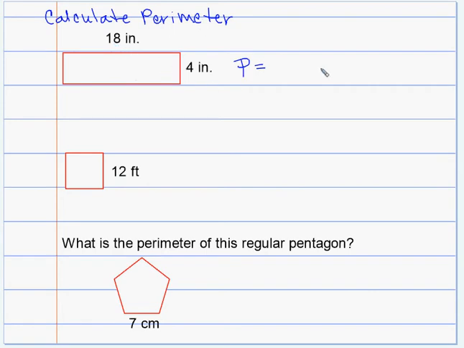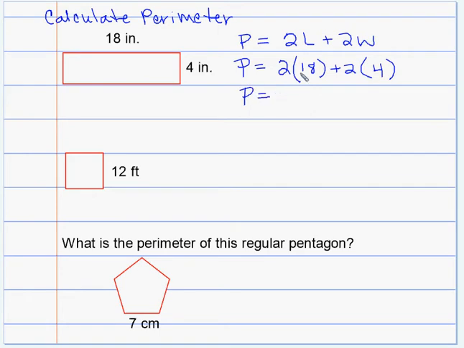So I'm going to use 2 times 18 plus 2 times 4. And I should mention that it's a good idea to write down the formula first before you do anything. Then use parentheses where you're going to substitute the values in, and then simplify.